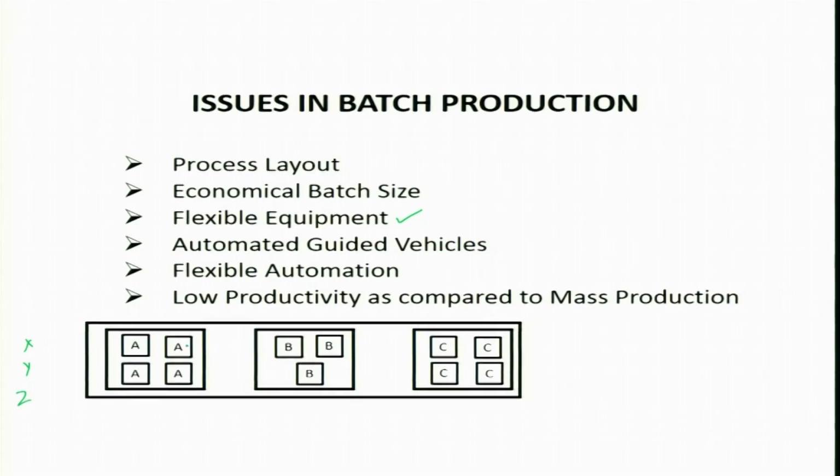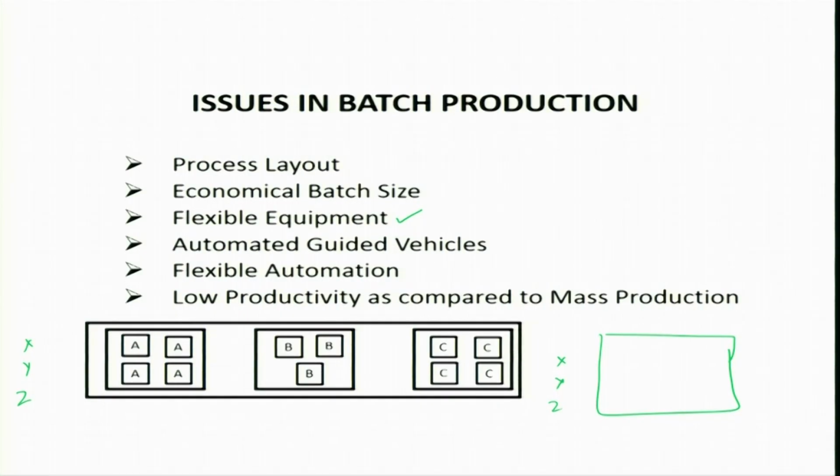Any product can go to any of the machines. So, that is the kind of flexibility which is required, or maybe I can have one flexible center which can produce all types of products and which can do many operations also, by which I can reduce the material handling efforts and other things. That is called flexible centers, flexible manufacturing centers also.